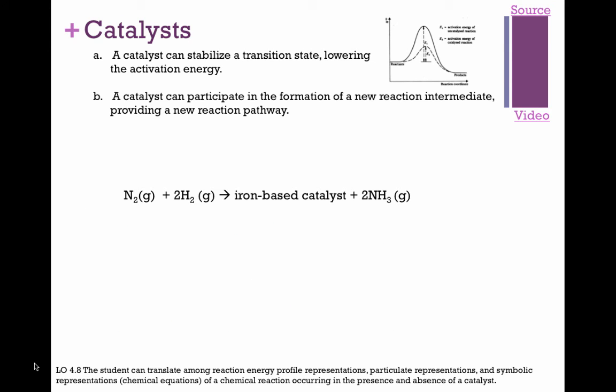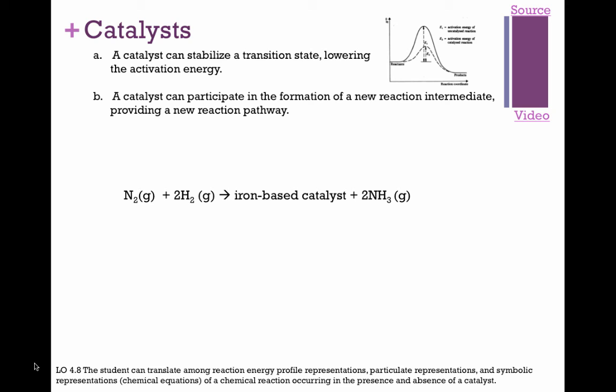Okay, and then last but not least, we look at catalysts. I think this is actually the exact diagram I showed you today in class. The whole point of a catalyst is to lower the activation energy. That is why a catalyst works like it does. It makes it easier for the reactants to get to the transition state to become products.